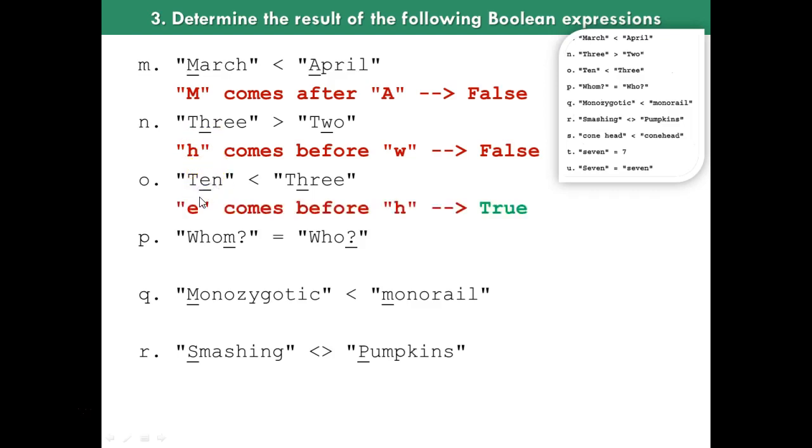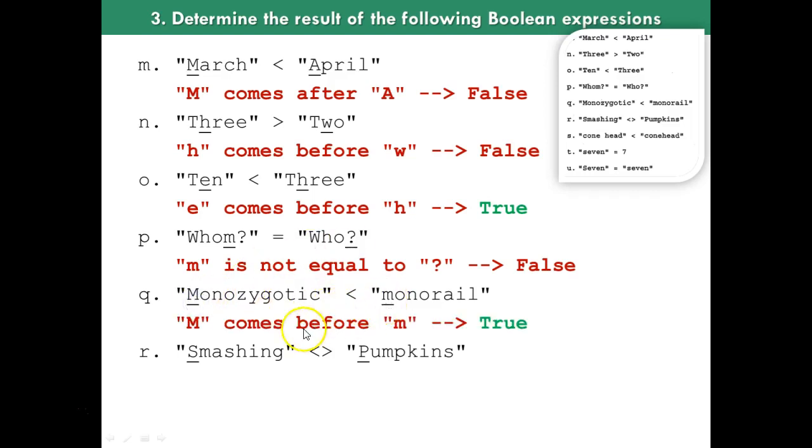Again, lowercase with lowercase. Here, in question P, we're comparing a letter with a symbol, which obviously can work since they're both treated as characters. Uppercase with lowercase, and in this case again, uppercase with uppercase.